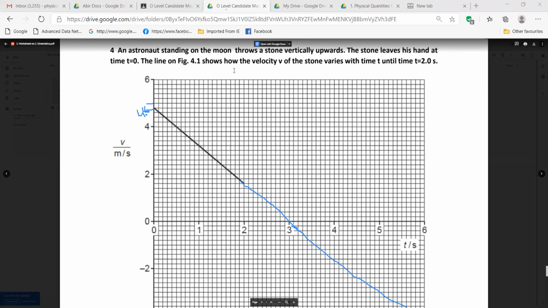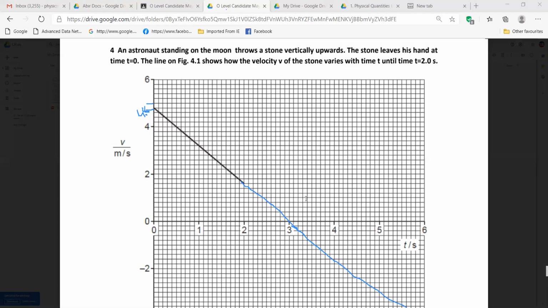And after some time, after 3 seconds, it reaches a stationary position, like it will stop, right? It will go to maximum height. So we can say after 3 seconds it is reaching maximum height, right?